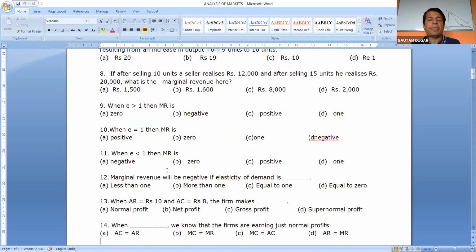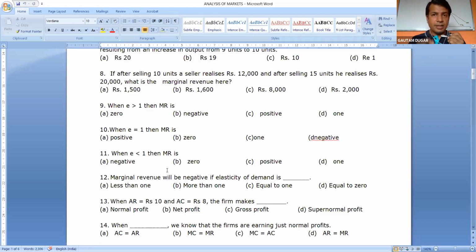Number 8. If after selling 10 units, the seller realizes 12,000, and after selling 15 units, realizes rupees 20,000, what is the marginal revenue? Be careful. I have given you 2 formulas. One is TRn minus TRn minus 1. The other one was change in total revenue by change in quantity. When do you apply which one? If there's a difference of only 1 unit, then you apply TRn minus TRn minus 1. But if there's a difference of more than 1 unit, we apply the second, change in TR by change in quantity.